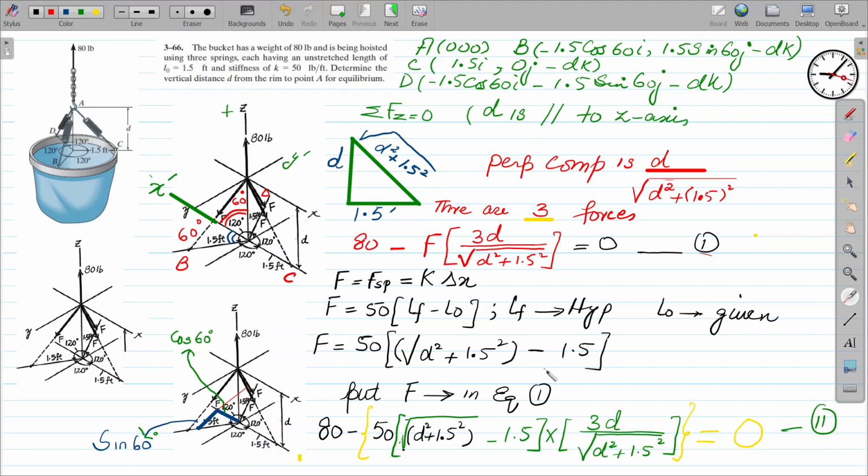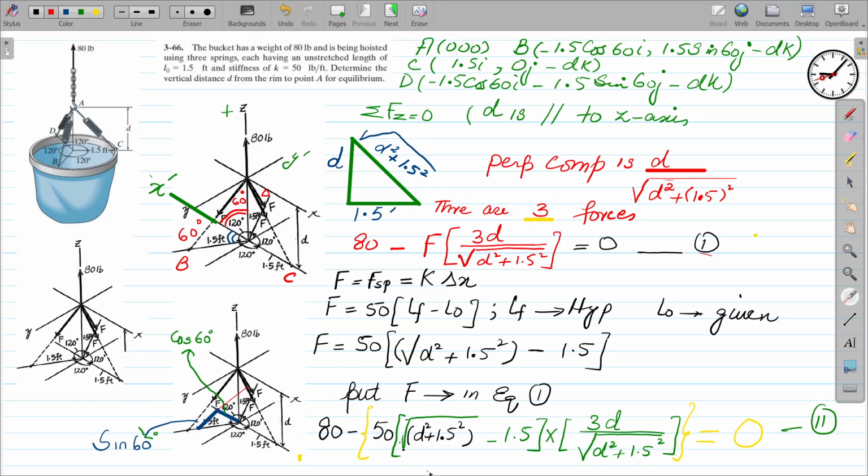We can put this F in equation 1 here. So it will be 80 minus all this F, multiplied by this whole thing, 3d over the square root of d square plus 1.5 square, and this all must be equal to 0. Now this equation 2 has been completely formulated, and we are ready to calculate d.